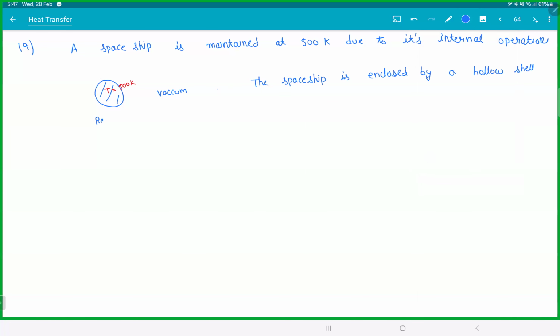The spaceship's radius is r. Okay? Assume emissivity E is equal to 1 for all surfaces; assume all surfaces are black.